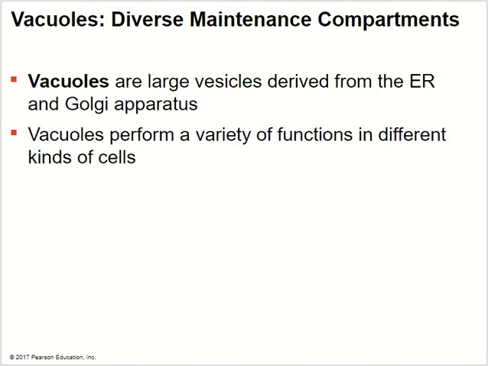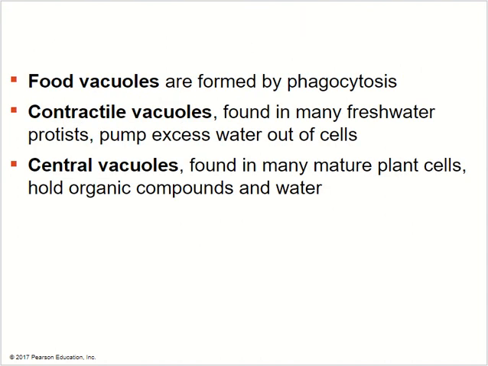Nice. Vacuoles are large vesicles derived from the endoplasmic reticulum and Golgi apparatus. Vacuoles perform a variety of functions in different kinds of cells. There are food vacuoles that are formed by phagocytosis. Contractile vacuoles, found in many freshwater protists, pump excess water out of the cell.